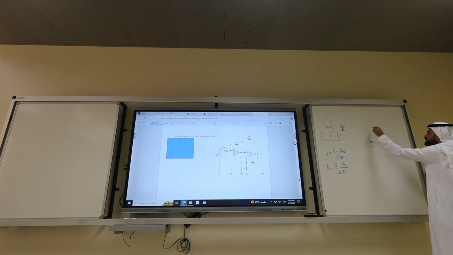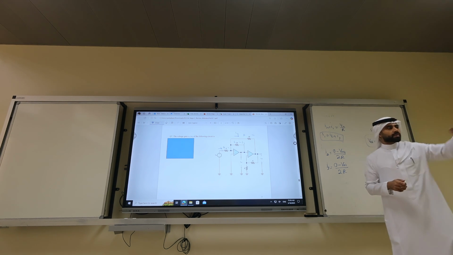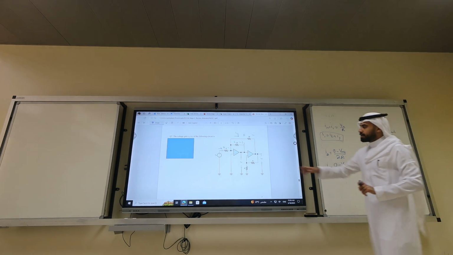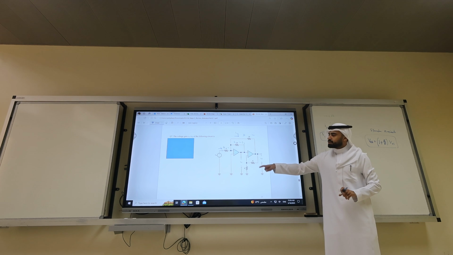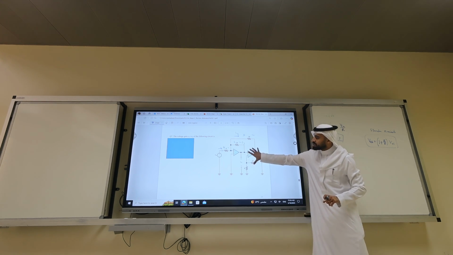How? This is a standard non-inverting amplifier, okay? Go to the slide. The gain is 1 plus R2 over R1. You remember the non-inverting amplifier? How do you spot it? It's a feedback like this. So this is a stage.